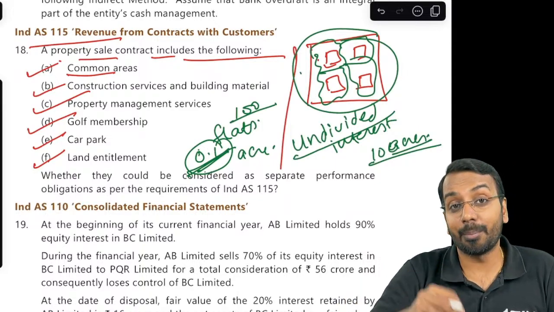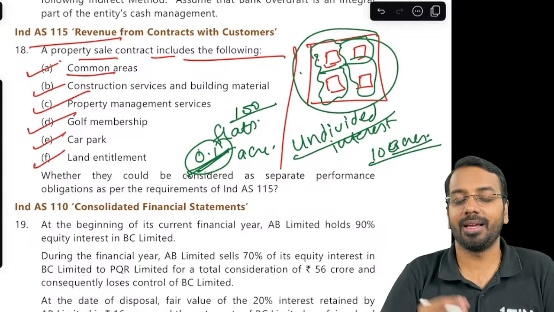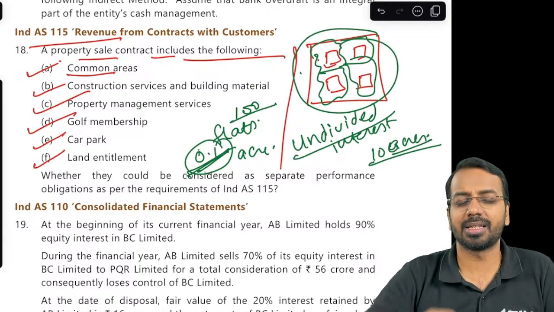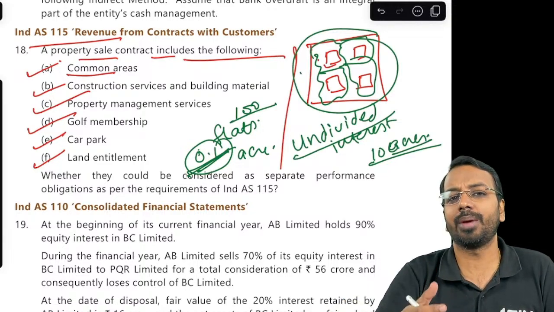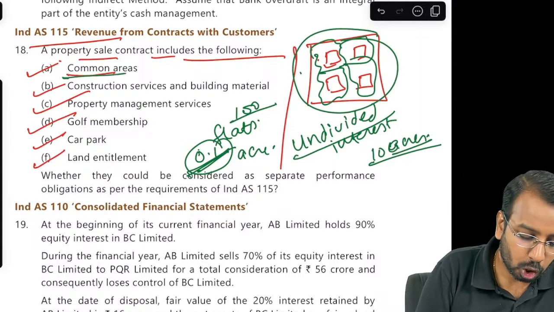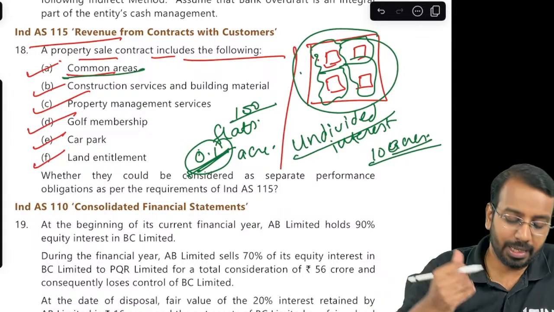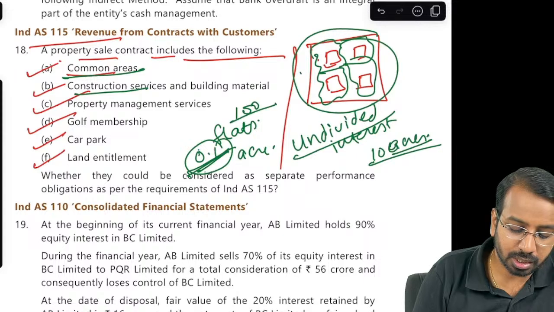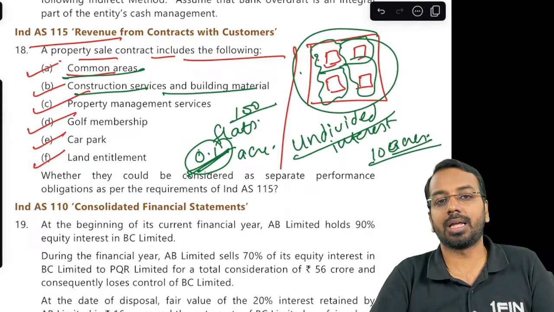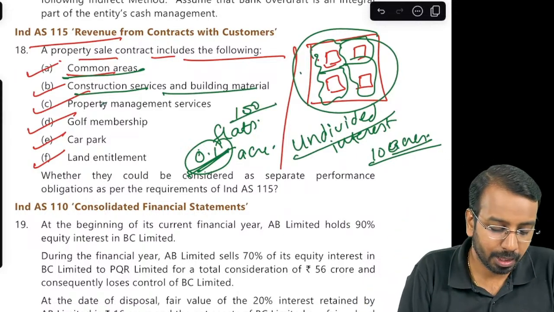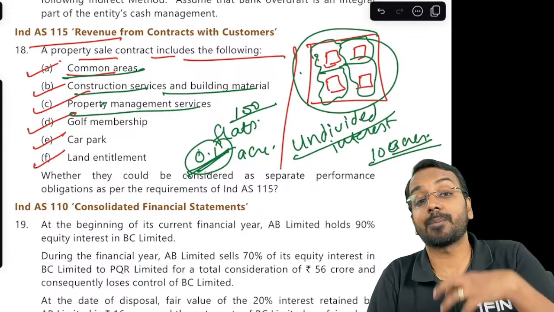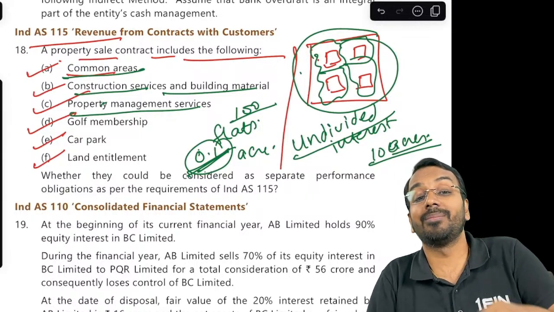And then companies also sell car parking facility, clubhouse, swimming pool facilities. All of those are sold. We call them amenities. So you have common areas, lift lobbies, child play area and all of that. Construction services and building material, because on the land a building has been constructed. Property management services: subsequently, the builder will manage the property.